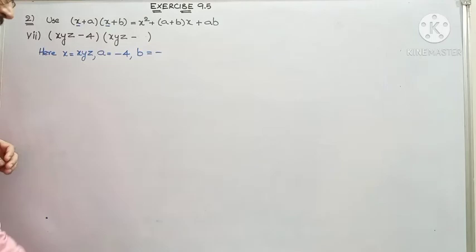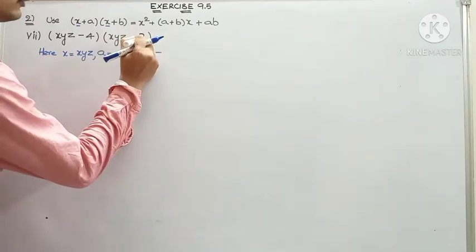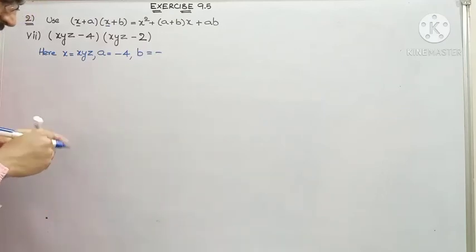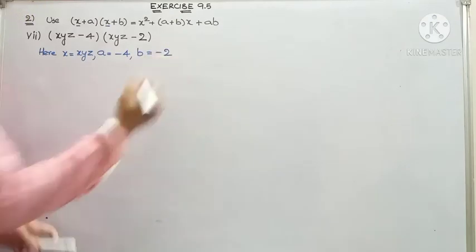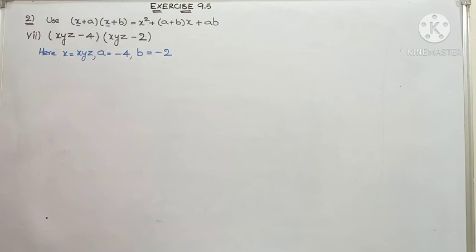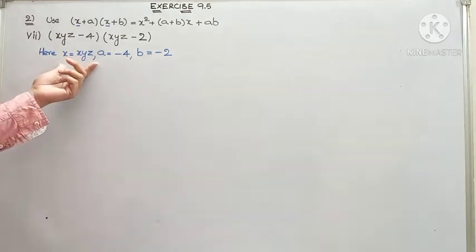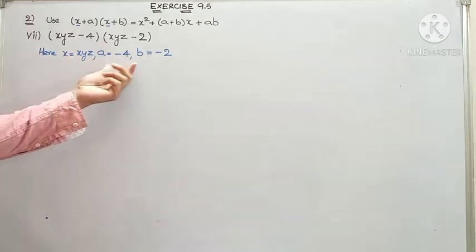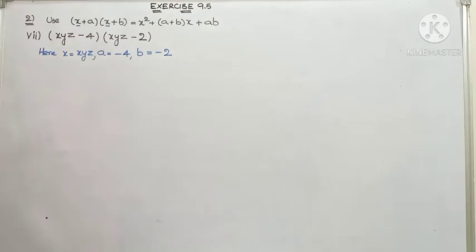Even with −4 we could use a different identity, so don't worry. So x is xyz, a is −4 and b is −2.